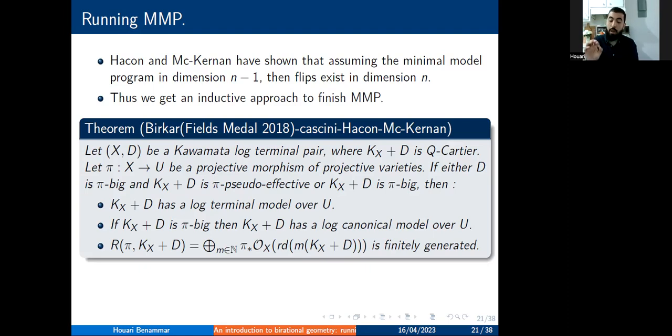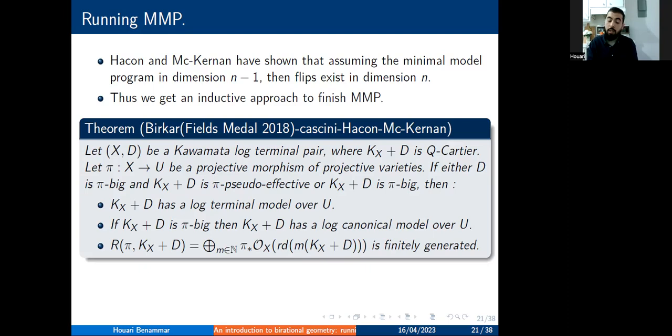We remember that big means that the variety is of general type. So for general type varieties, BCHM proved MMP. So the flip existence and termination are here, and the good model is here also. They prove that K_X plus D has log terminal models, and K_X plus D has log canonical models.